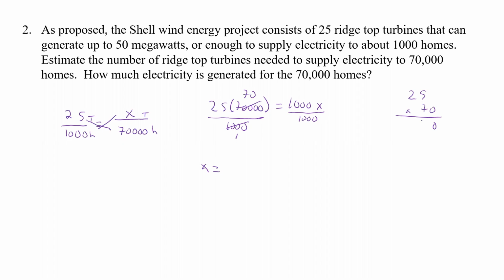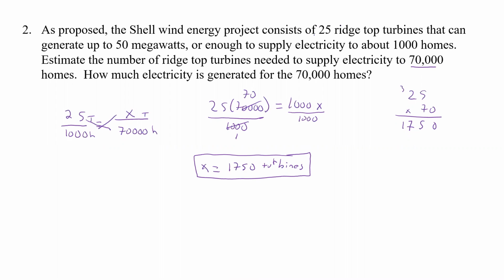So it's going to be 0, 35, 14, 15, 16, 17. And so that's going to give us 1750 turbines. Okay, so that's how many turbines we're going to need to have for 70,000 homes.